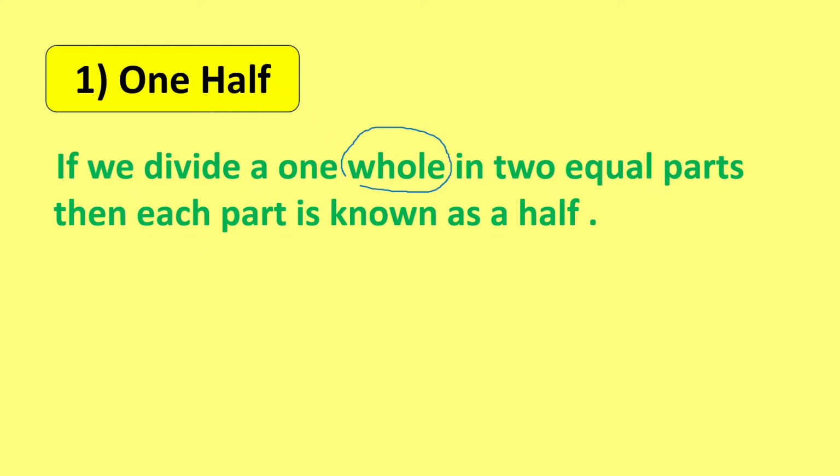What is the meaning of whole? As you know, when we take an image without cutting it off. So when we take a whole and divide it, what is the sense of divide? Divide means cut off or break up. It's break up.